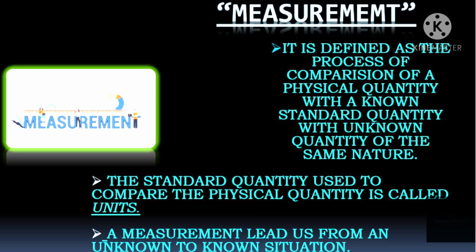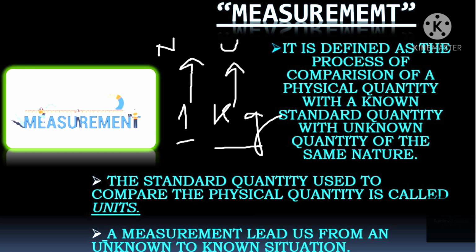This means that he is comparing a quantity with a standard quantity of the same nature. This is known as measurement. I hope it is clear to you. The standard quantity used to compare the physical quantity is called a unit. For example, if your mama wants to buy 1 kg of sugar, here 1 is the numeric value and kg is the unit.